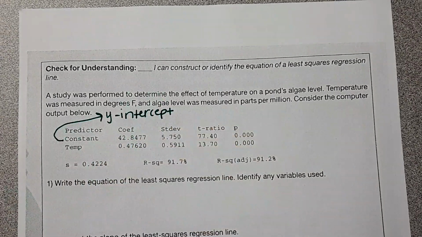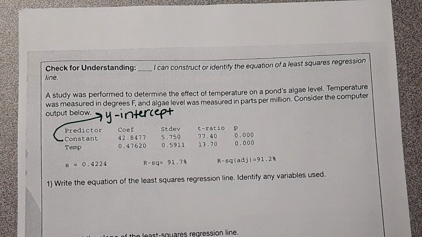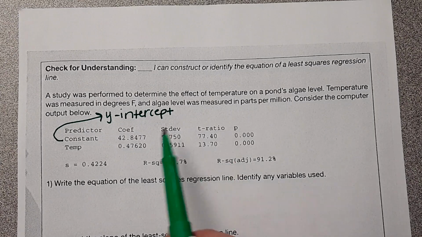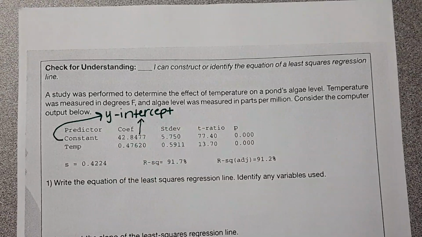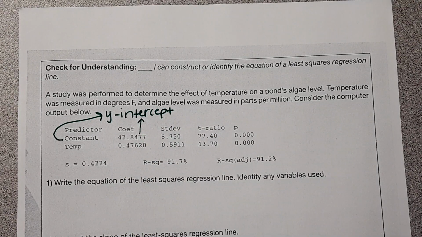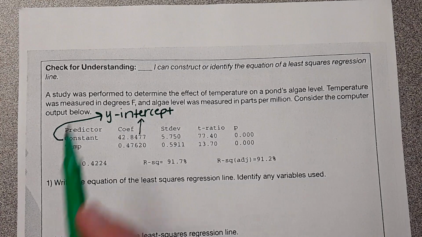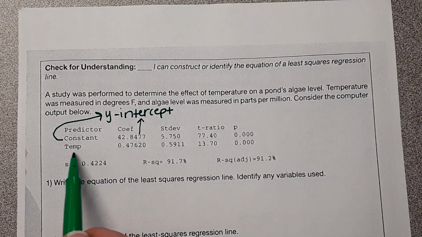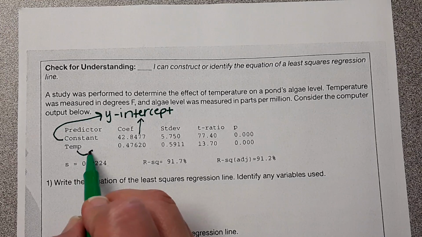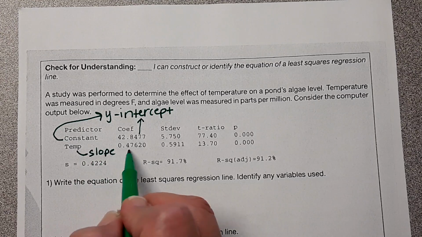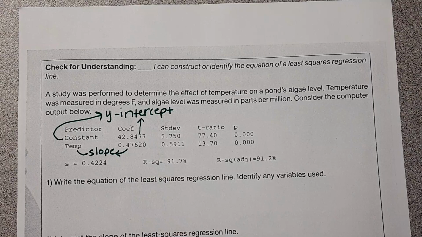Always, your constant is your y-intercept. It's this number right here. For your y-intercept, you go constant and you go across. Temperature, whatever word's right here, this is your slope. So that number is your slope.